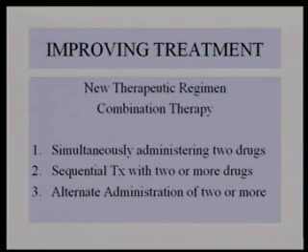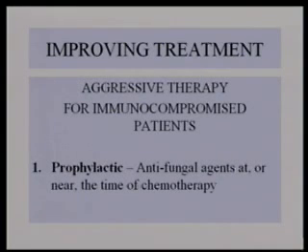Combination therapy, simultaneously administering 2 drugs. Sequential therapy, you give them some amphotericin B, then some 5-FC, and then you go back to the amphotericin B to get away from resistance. And alternate administration of 2 or more drugs at the same time.